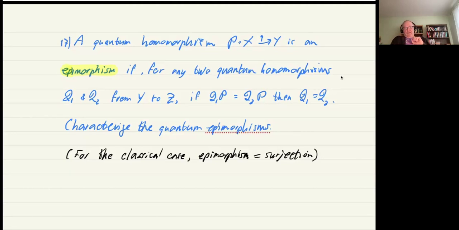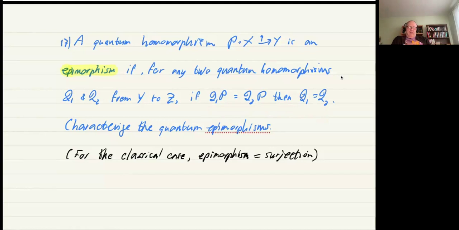Now, there is, in fact, a definition, and I've written it down here. So the jargon is that the quantum homomorphism, what you want is this condition, so you can cancel on the right. And if that holds, then it's an epimorphism.